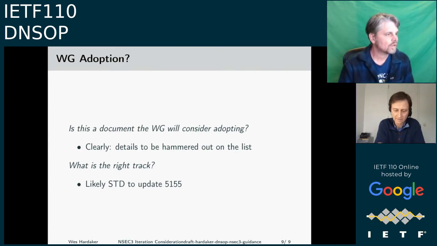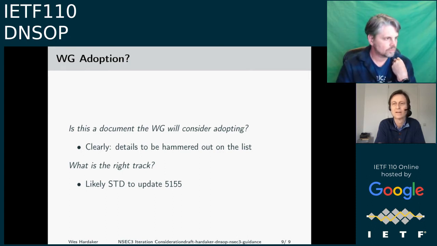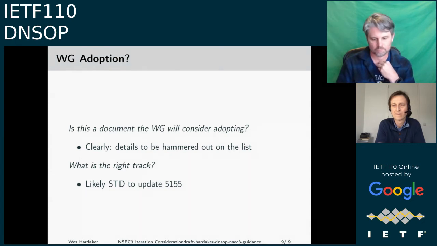Or maybe we could even use a lower limit on the number of iterations. And, yeah, if we have to gather data, perhaps we could get that from some of the big resolver operators, because surely they can tell us how often they're seeing these resource records in the wild. And maybe we could get the SALT value down to something even lower.